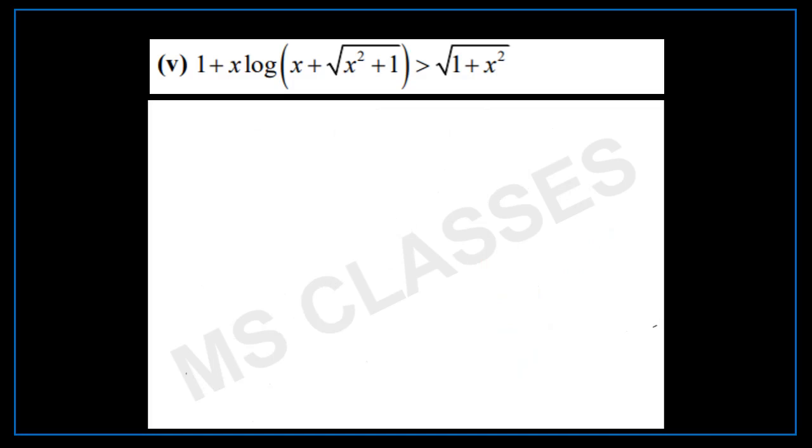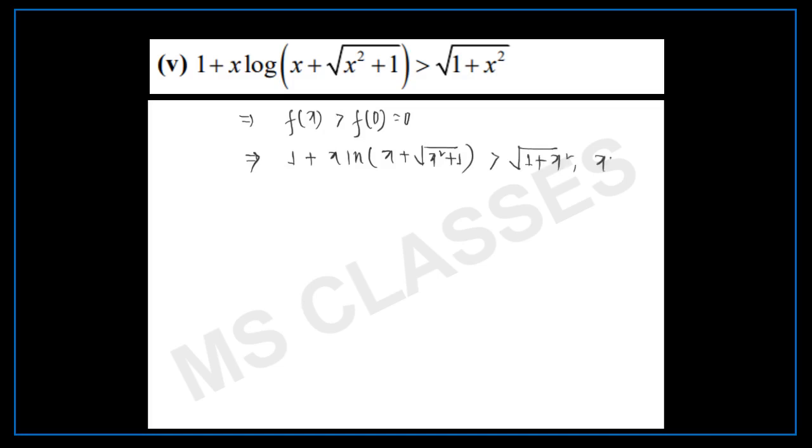This implies f of x greater than f of 0, which is 0. And this implies 1 plus x ln x plus root over of x square plus 1 greater than under root of 1 plus x square when x greater than 0, which is the required proof.